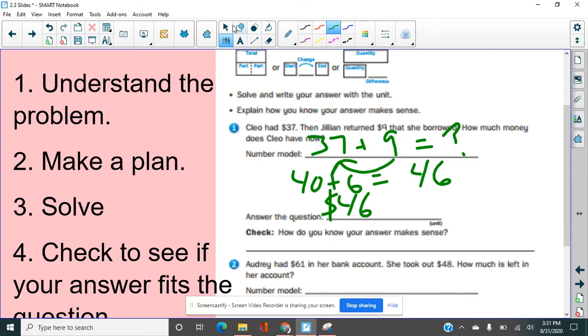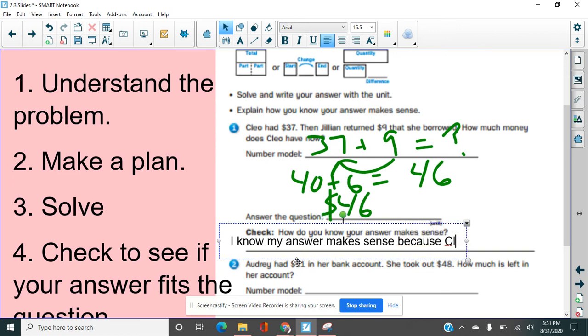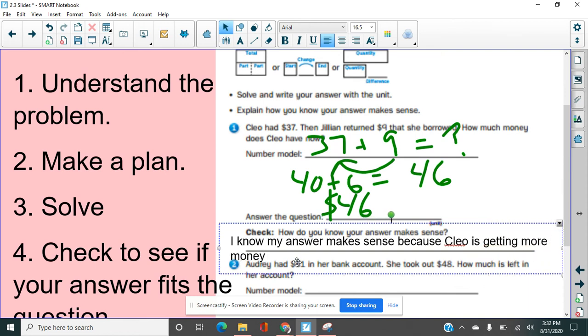How do you know your answer makes sense? Let's type it in here. I need to start with I. I know. There it is, big writing again. I know my answer makes sense because Cleo, capital C, is getting more money from Jillian.